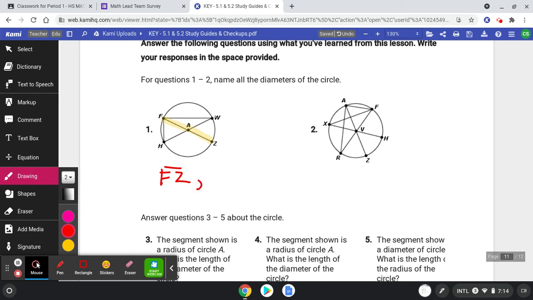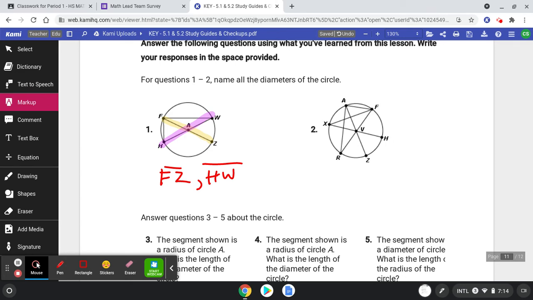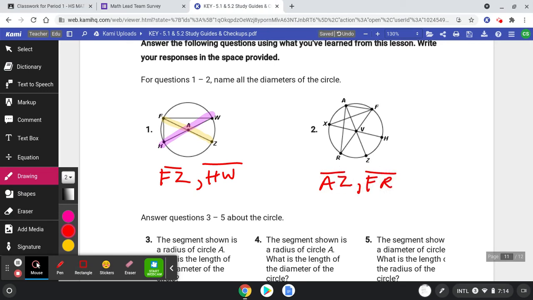Another diameter you could say is HW, but if you said those in reverse, that's totally fine. Notice the other two are chords, not diameters, because a diameter has to pass through the center of the circle. So over here we have AZ, we have FR, we have XH, and then the other ones are just there to confuse us. There's just 3.